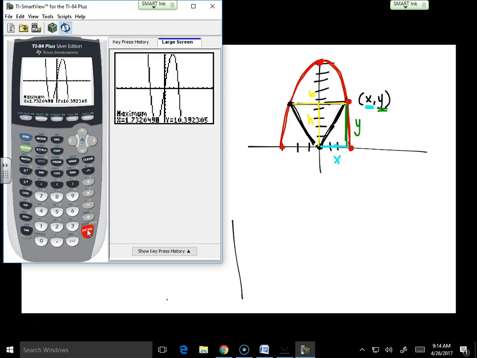If we can sketch this graph so we have a version of it on our notes. It somehow goes down and then goes up. My graph is very small, but that's okay. And then the max when x equals, what is that, 1.732? Now, my calculator says y equals, but what do I have to remember in context of my problem? Y is the area.